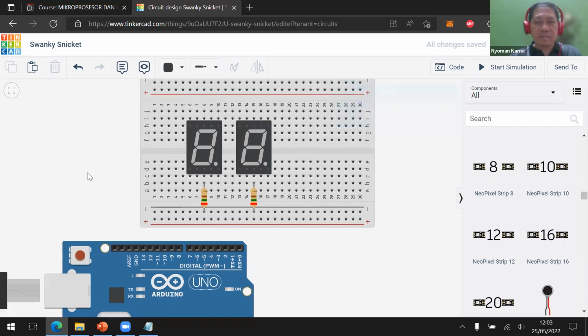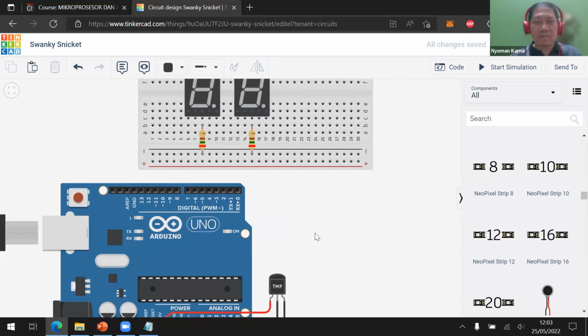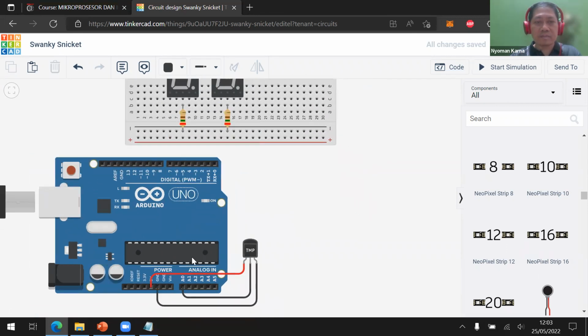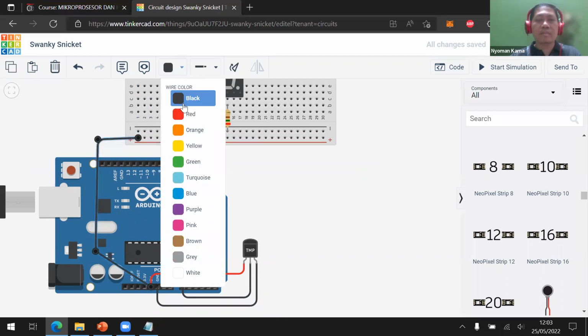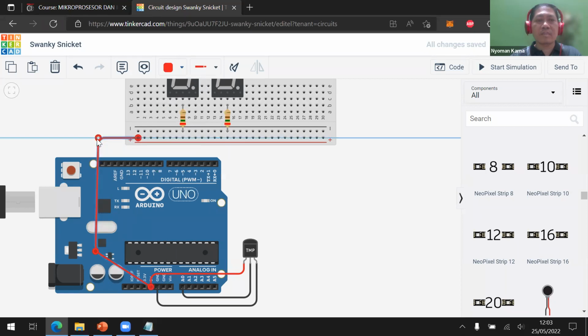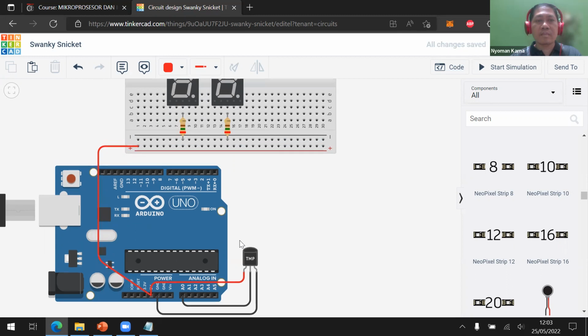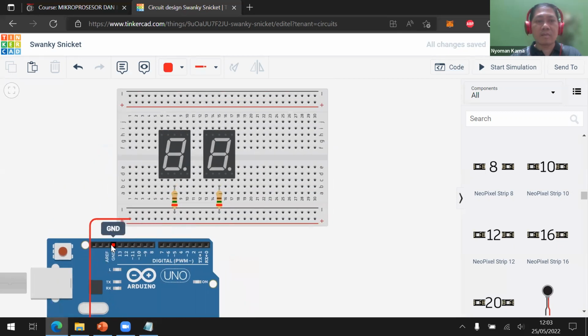Okay. Now we need to give the power in here. Okay, and then ground.